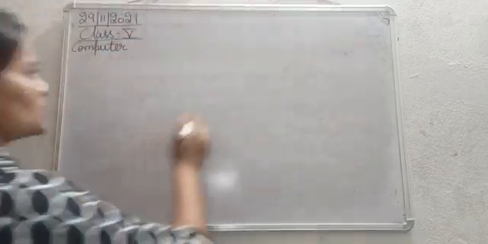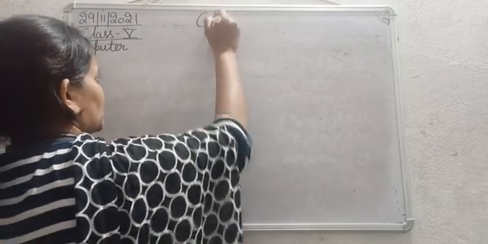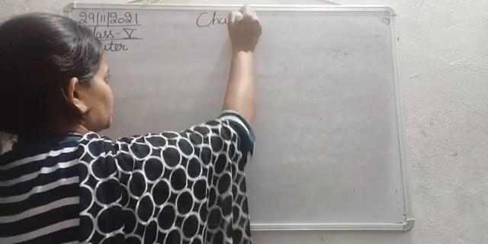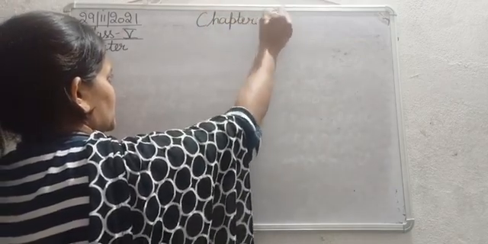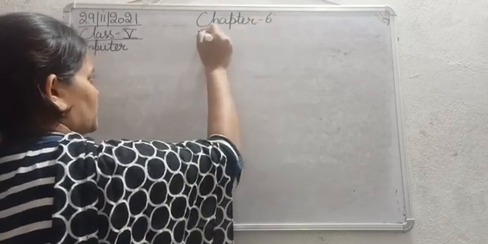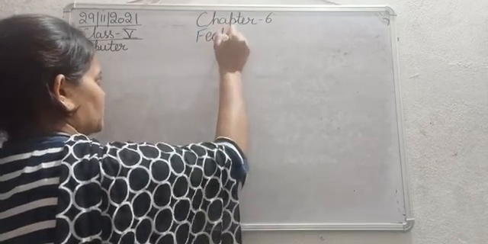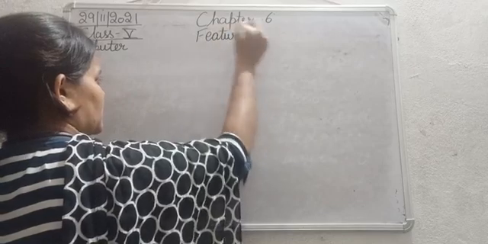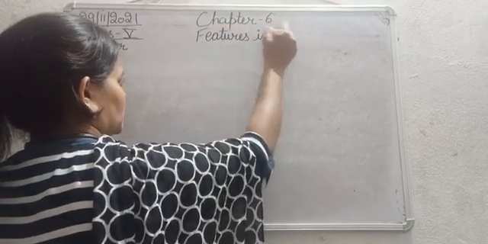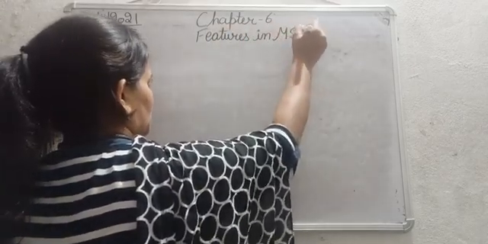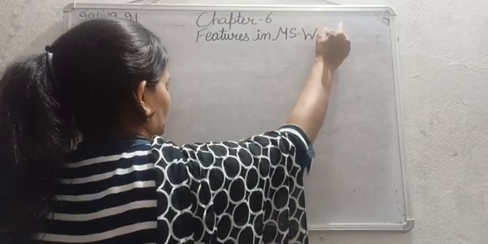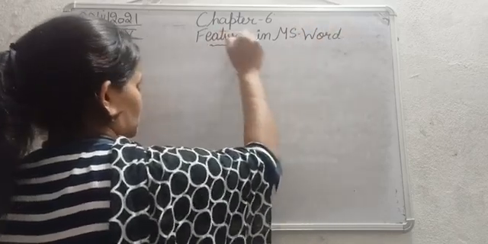So this is chapter 6, features in MS Word.